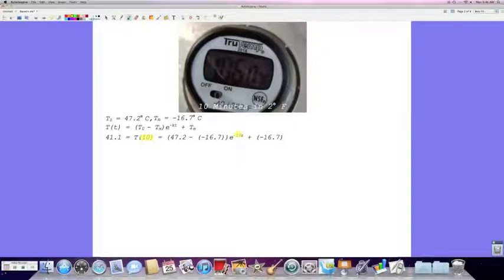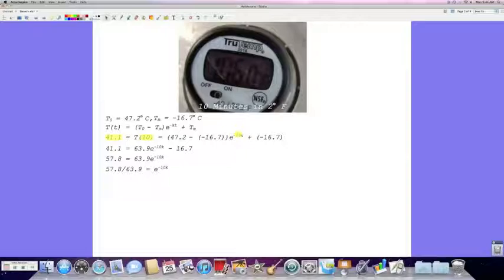You'll notice that time is at 10 minutes, and if I plug in the values of the starting temperature of the water and the freezer, it's simply mathematics at that point, calculating the value of K. So what I was able to do was just go through the mathematical process.